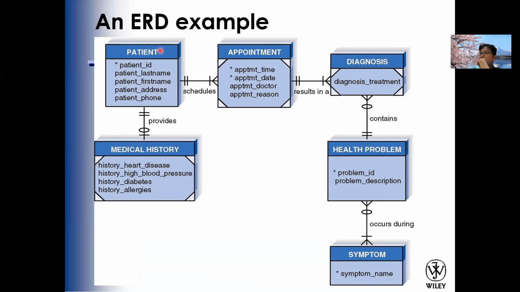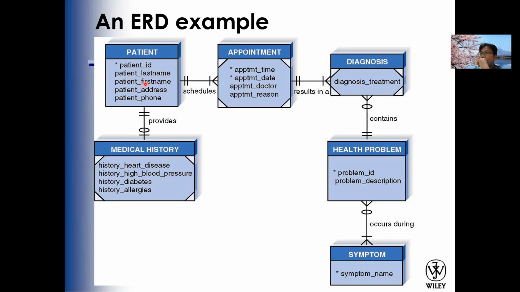For example, patient may have ID, last name, first name, address, phone, etc. But in ERD, usually you have to choose the simplest, the minimum as possible but needed, because if you want to add more attributes, we can add them later.